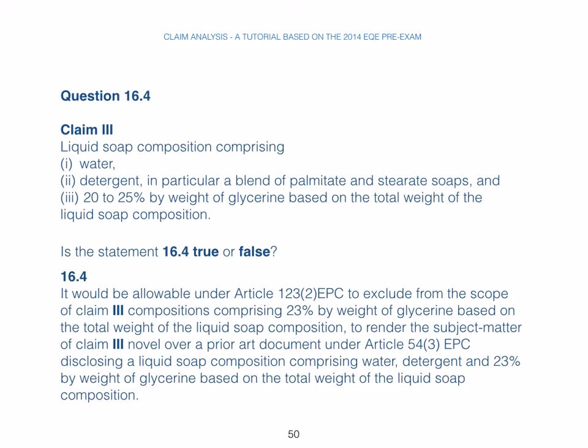We'll read through it together and then make some comments about it. 16.4 says, it would be allowable under Article 123(2) EPC to exclude from the scope of Claim 3 compositions comprising 23% by weight of glycerine based on the total weight of the liquid soap composition, to render the subject matter of Claim 3 novel over a prior art document under Article 54(3) EPC, disclosing a liquid soap composition comprising water, detergent, and 23% by weight of glycerine, based on the total weight of the liquid soap composition.